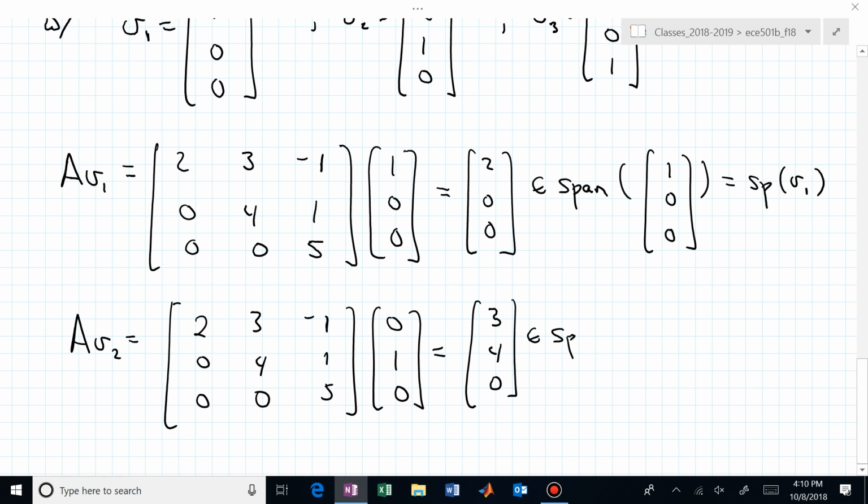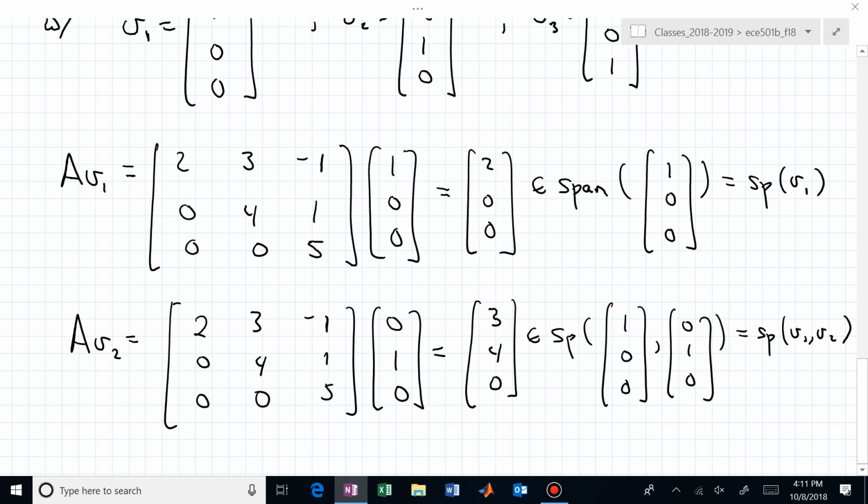But I hope you can see that that's now in the span of the first two vectors that we were using. It's in the span of V1 and V2, and you can see that now we're having this nesting type property of subspaces. Anything in V2 is going to be in the span of just V1 and V2. Anything in V1 is just going to be in the span of V1.